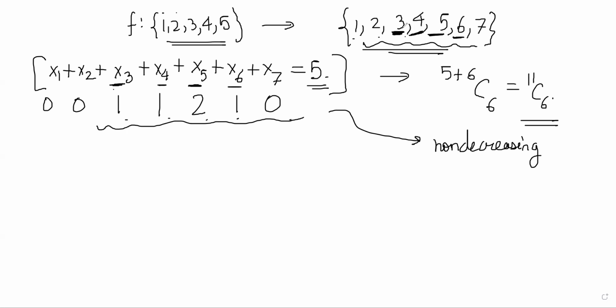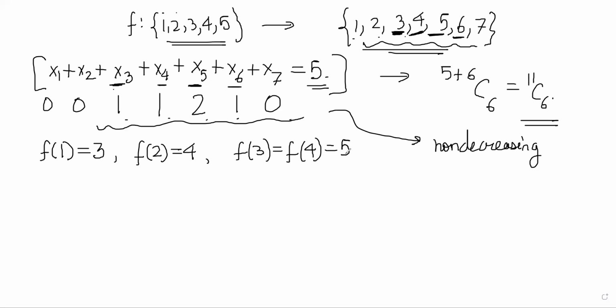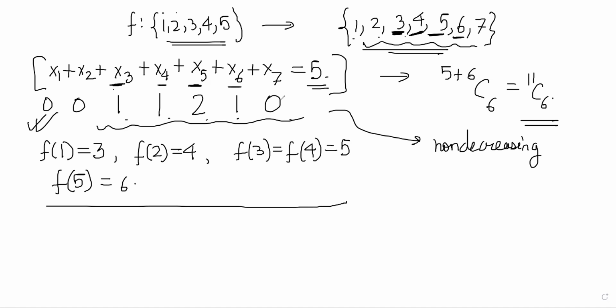So that automatically means for the non-decreasing function, we have to say f of 1 is 3, f of 2 is 4, f of 3 equal to f of 4 equal to 5, and f of 5 equal to 6. There is no other way to get a different non-decreasing function for this particular solution of the equation, right?